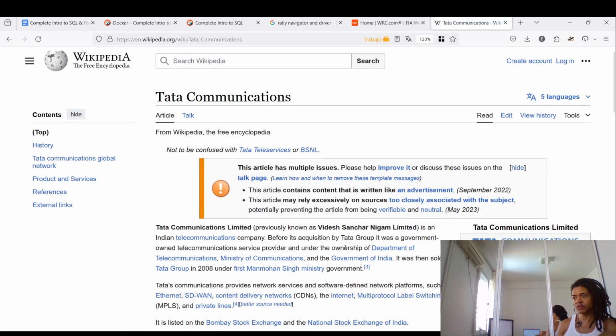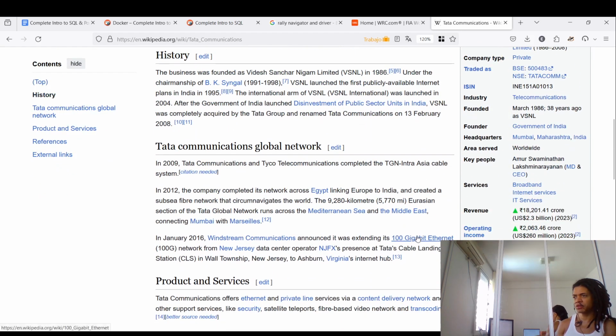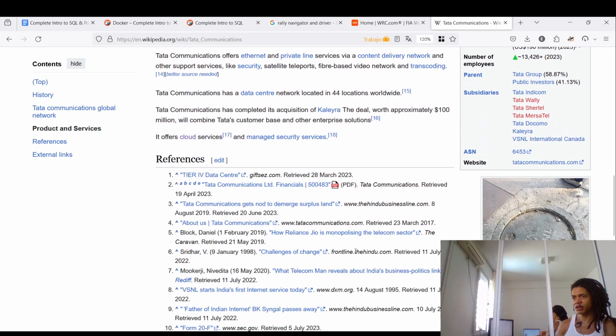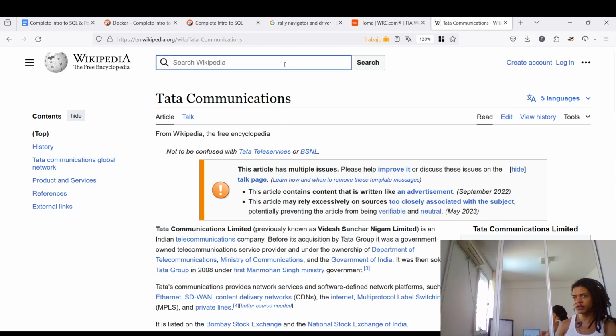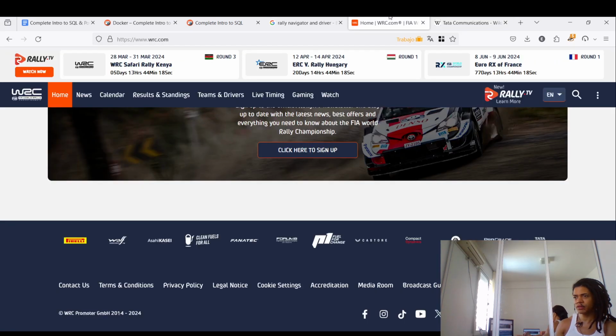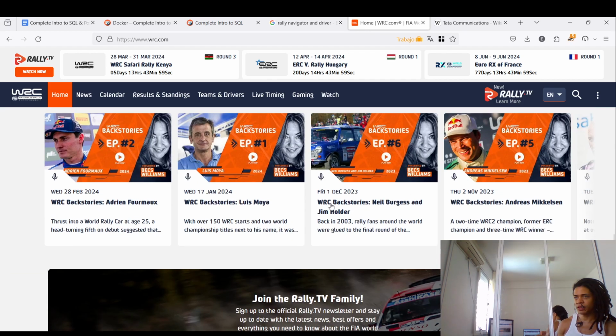Similar telecommunication companies here: Tata, Tata Communications. Yeah, it's Tata Communications.